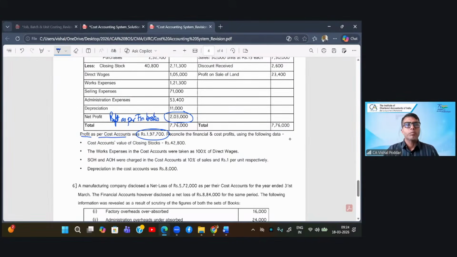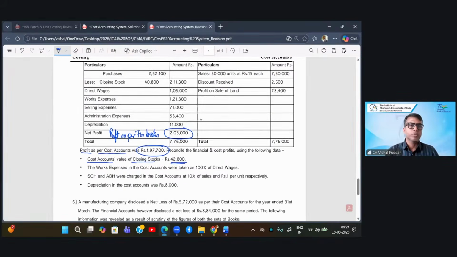Now, what is the other data given? They are saying that the cost accountant's value of closing stock is 42,800. So as per costing books, closing stock is 42,800. How much is it here? It is 40,800. So there is a difference of 2,000. So now in this type of sum, you have to identify the difference yourself. So I will say rupees 2,000.